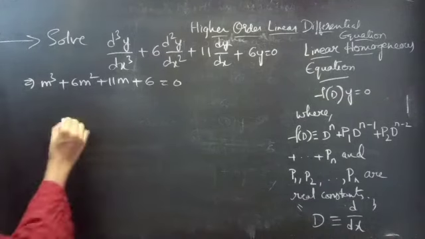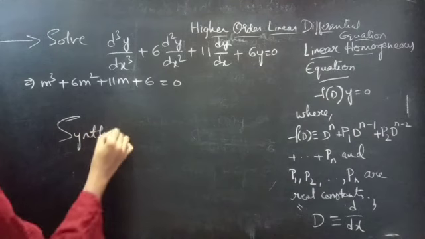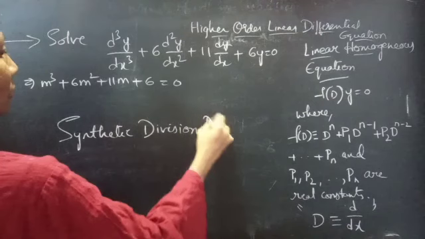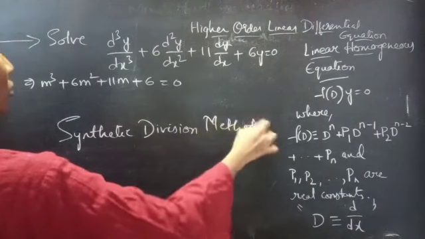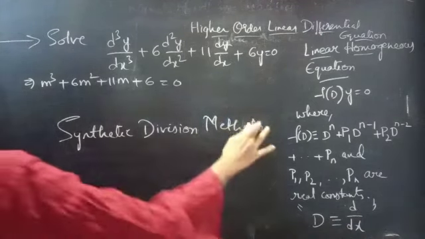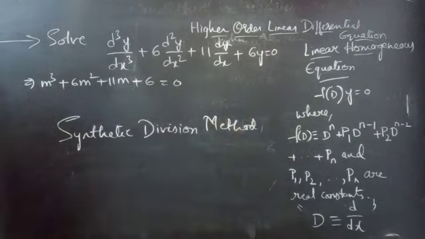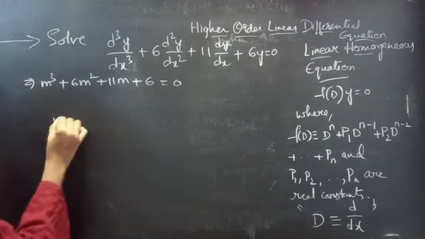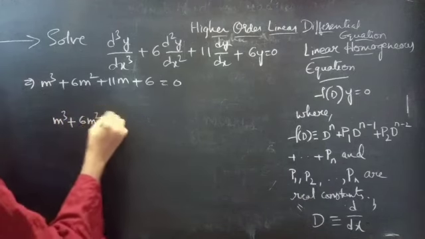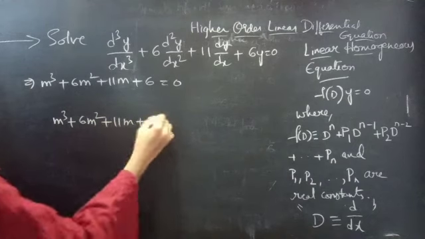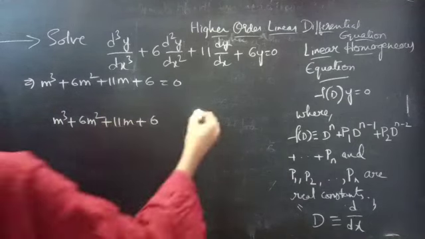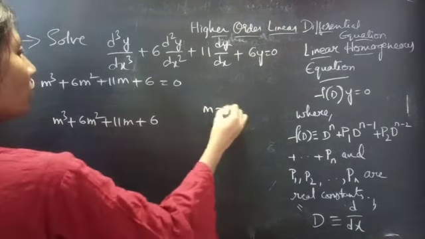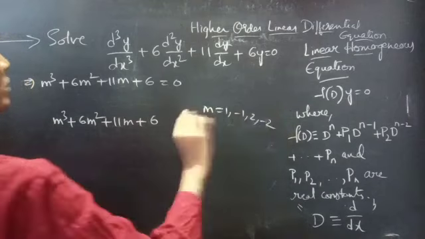Okay, here we are going to use synthetic division method to find roots or factors. Okay, so consider the polynomial m cubed plus 6m squared plus 11m plus 6. Now, we have to check whether the equation satisfies for m equals to 1 or minus 1 or 2 or minus 2. We'll see.